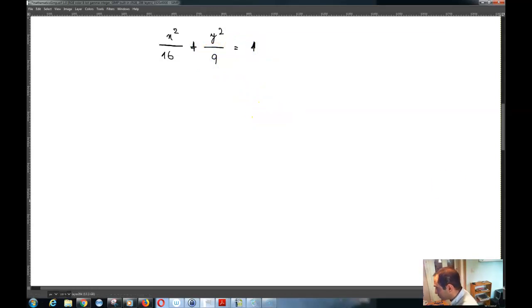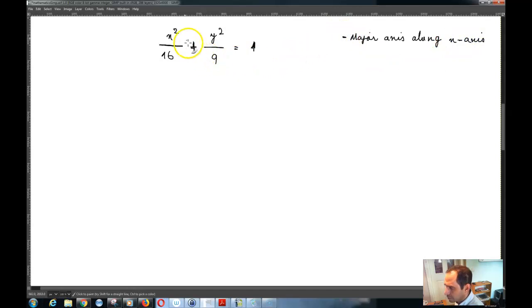You see that the coefficient of x here has a larger denominator, so that means that the major axis of your ellipse is along the x-axis.